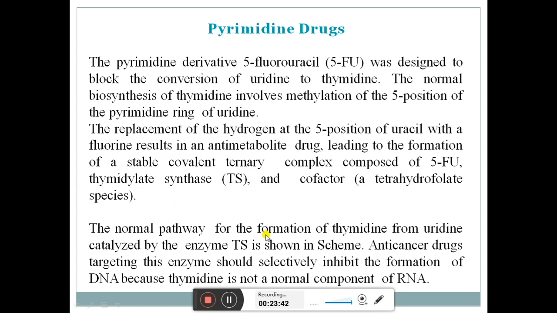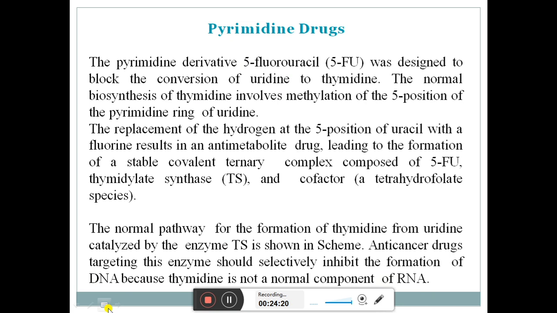The normal pathway for the formation of thymidine from uridine is catalyzed by the enzyme thymidylate synthase. Okay, what is TS? It's thymidylate synthase, as shown in this scheme. Okay, an anti-cancer drug targeting this enzyme should selectively inhibit the formation of DNA, because thymidine is not a common normal component of the RNA. So this pyrimidine drug inhibits the synthesis of DNA only.